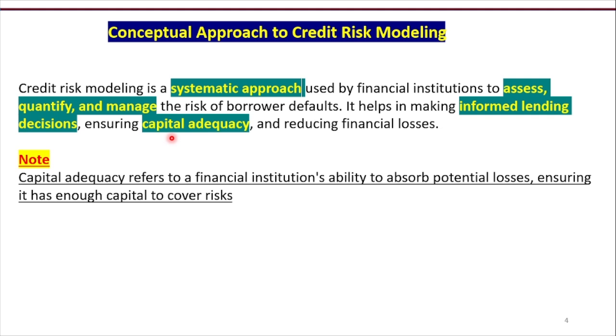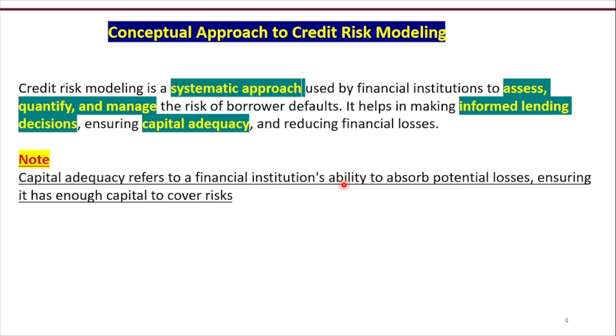So what is capital adequacy? I have already discussed it. Before moving forward, just see what capital adequacy is. Capital adequacy refers to a financial institution's ability to absorb potential losses, ensuring it has enough capital to cover risk. If I simplify, it is the ability to absorb potential loss.